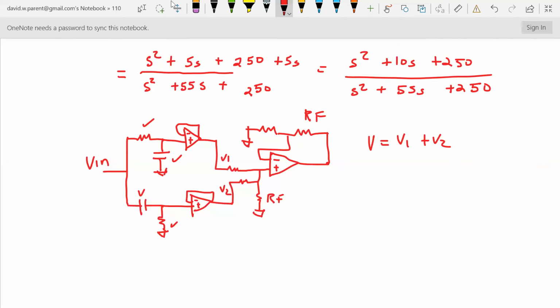So the gain, I'm going to say V equals K1 V1 plus K2 V2, K1 equals K2 equals 1.